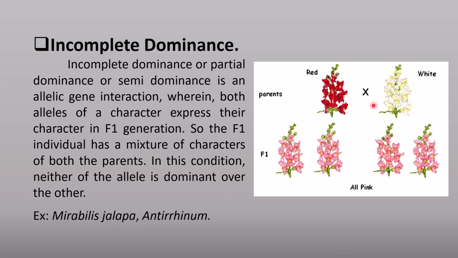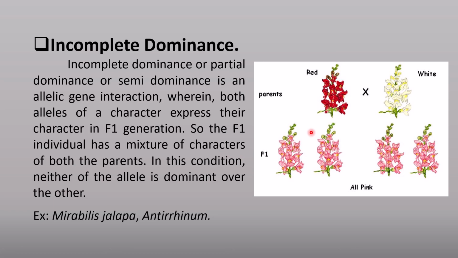These were taken as parents, and the cross between these two differently colored flower plants gave different progenies in the F1 generation. In a usual monohybrid cross, the dominant character would have expressed. Here red is dominant and white is recessive, so red would have appeared. But what happened in these plants is a new variety appeared, that is all pink.